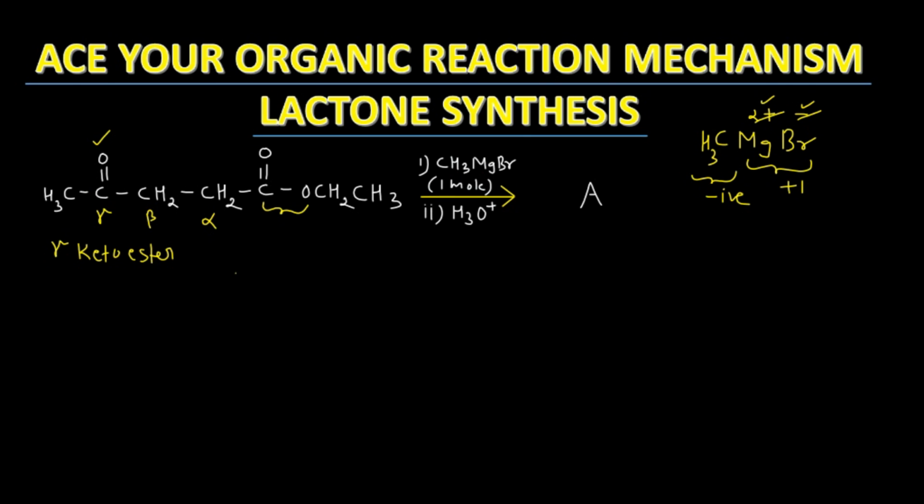See, when this Grignard reagent approaches this one, say I am writing it in that manner, CH3, Mg and Br, okay. And I already told you this part is positive and that part is negative, right? So under the influence of the Grignard reagent, when the reaction starts in the solution, the electromeric effect will take place and the electron pair will shift onto the oxygen atom, and this oxygen will become negatively charged, right?